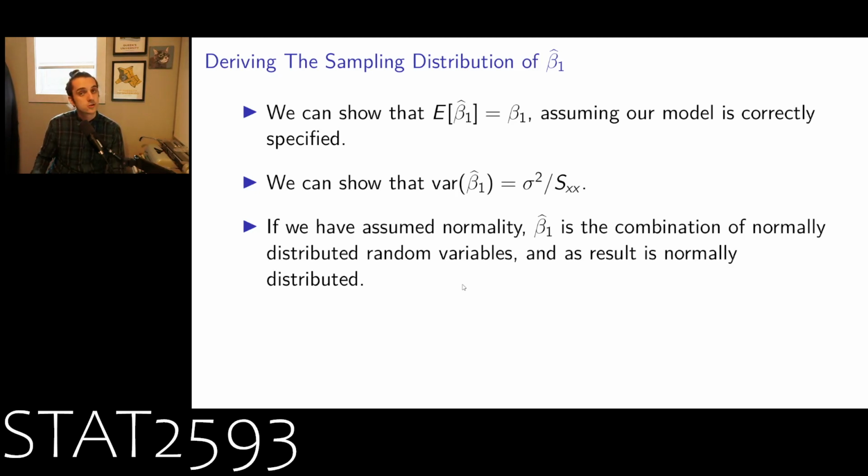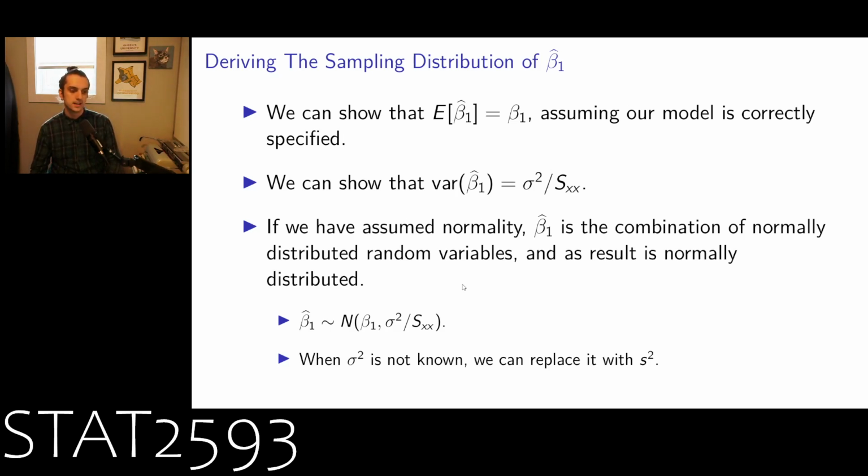And of course, if that sampling distribution is normally distributed, then we can use the normal hypothesis test and normal confidence intervals. So we would get this approximate sampling distribution here.